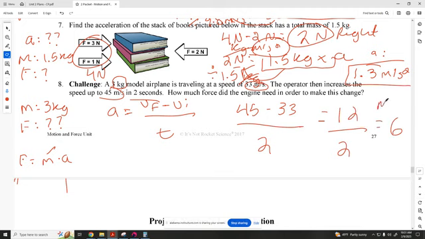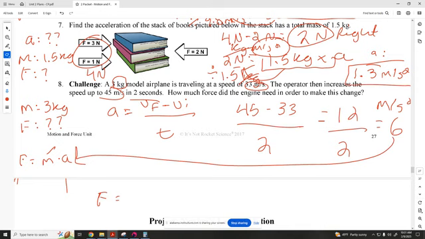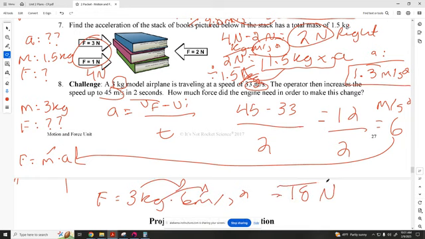So my acceleration is 6 meters per second squared. I can now plug that into my equation. Force is equal to mass, which was 3 kilograms, times acceleration, which is 6 meters per second squared. 3 times 6 is 18. Kilogram times meters per second squared is a newton. You get 18 newtons.